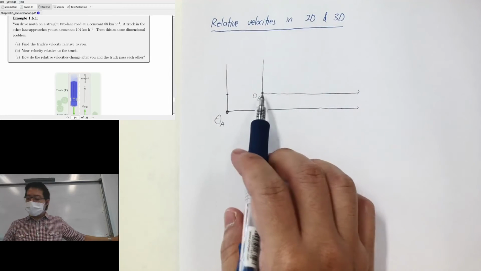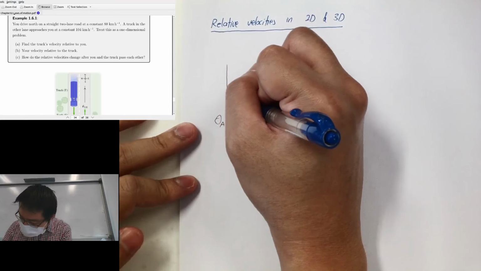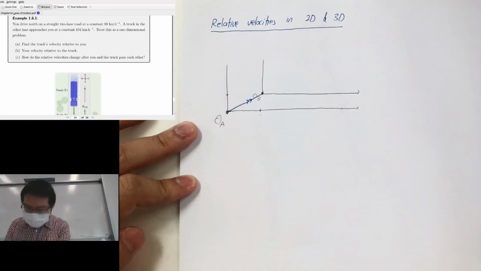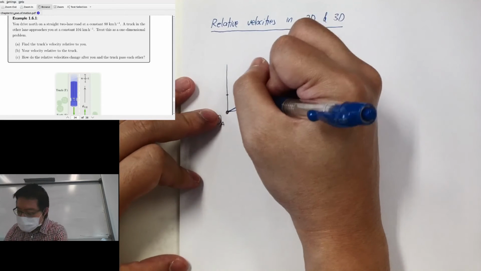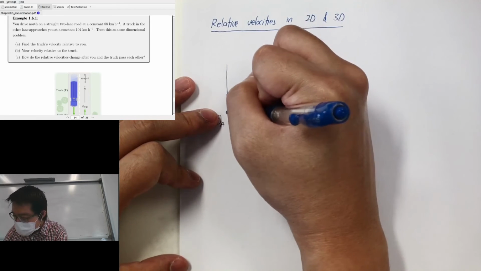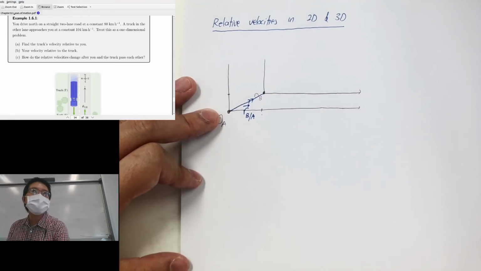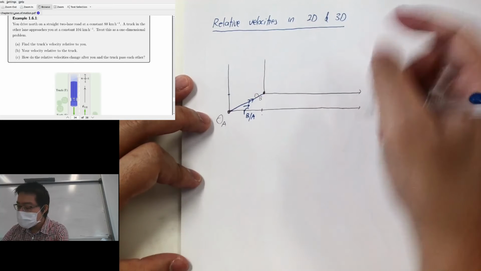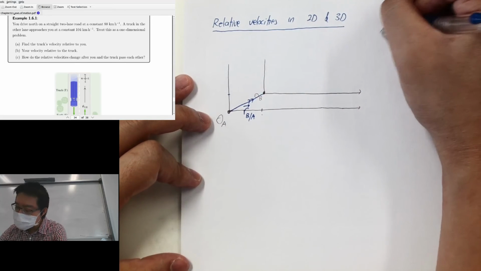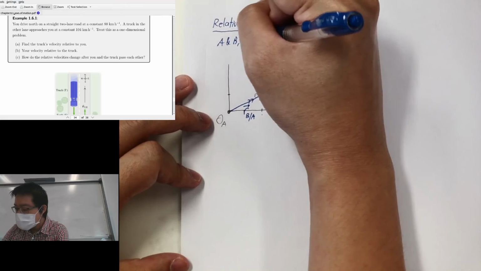So to describe the position of B relative to A, we use the position vector. Over here, this is the position of B as observed by A. Is it clear if I draw it like this? Same situation, A and B each have their own coordinate system.